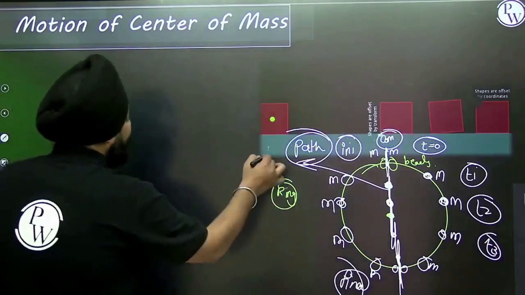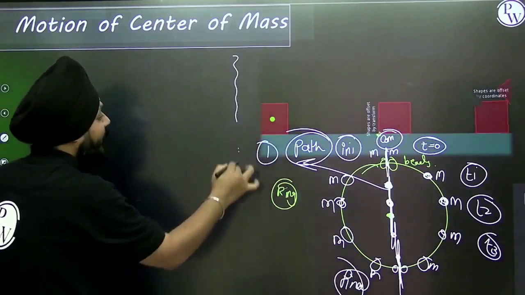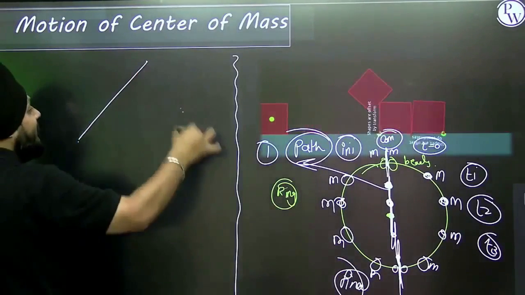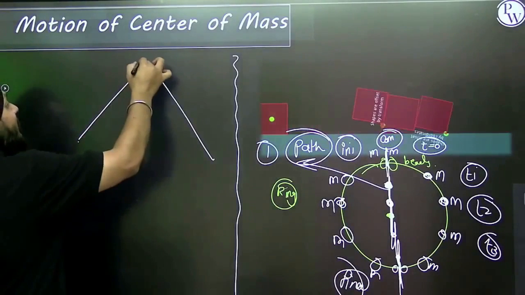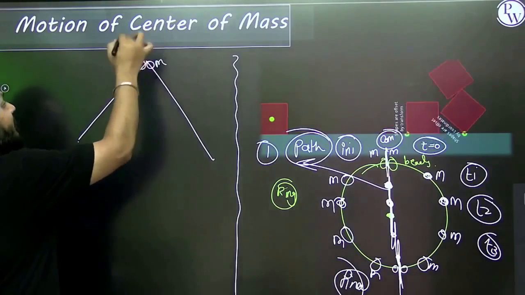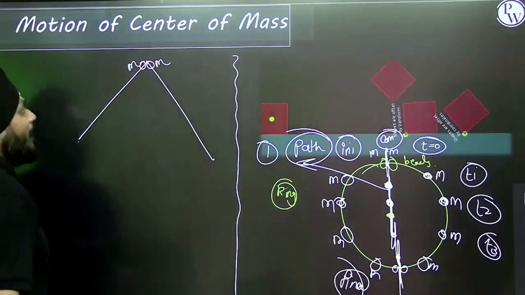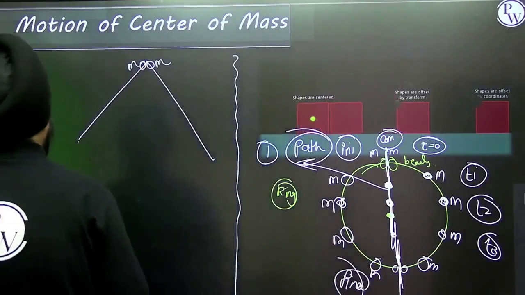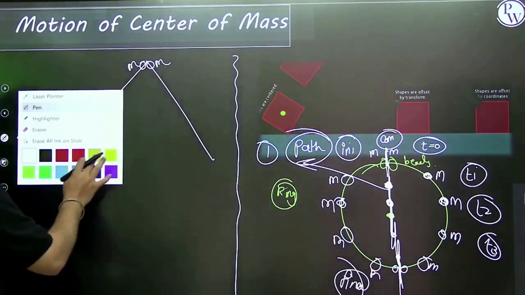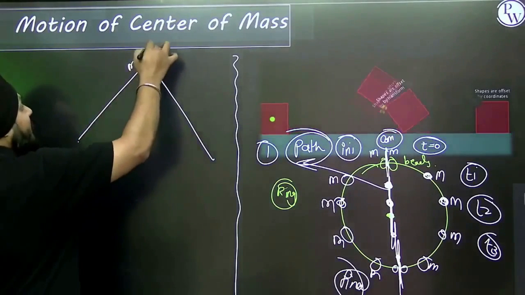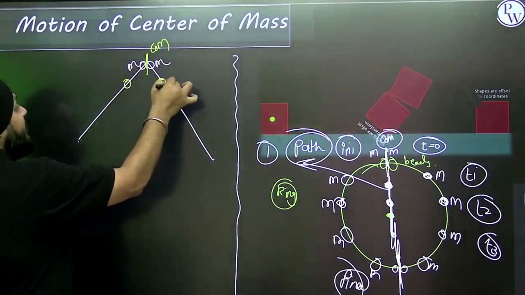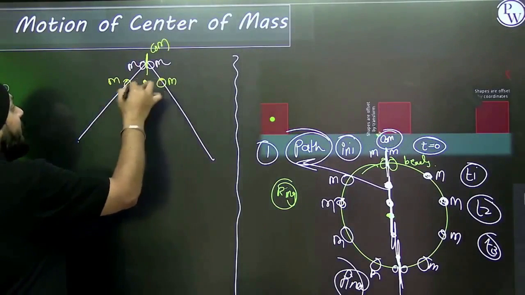Now let's take another example to understand this in detail. Mass m, mass m. Both are scrolling down with a velocity. What is the initial position of the center of mass? Suppose after some time mass is here, position is here.